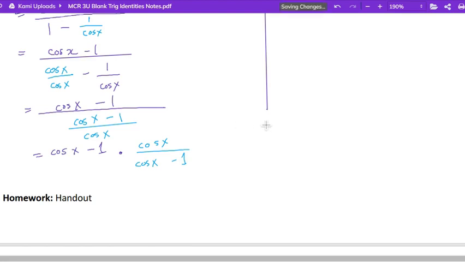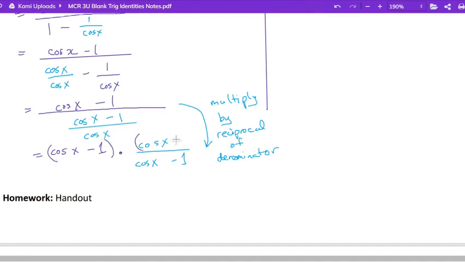Okay, watch what I did in this step. This one's a big one. Multiply by reciprocal of denominator. I'm going to add some brackets so we can see that since everything is being multiplied here, I can cancel out.